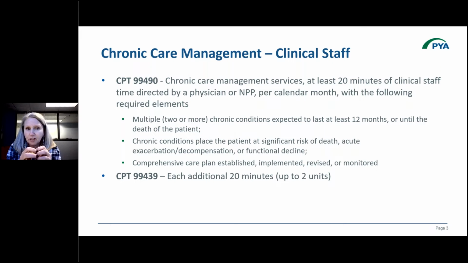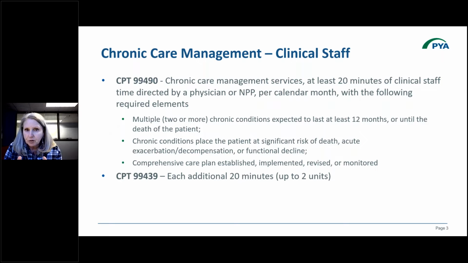And what had started as one code back in 2015, CPT 99490, has now grown into a family of codes for care management services. So let's just review them briefly here so you can understand the distinctions between the different types of services. 99490 is the basic chronic care management services furnished by clinical staff under the general supervision of a physician.